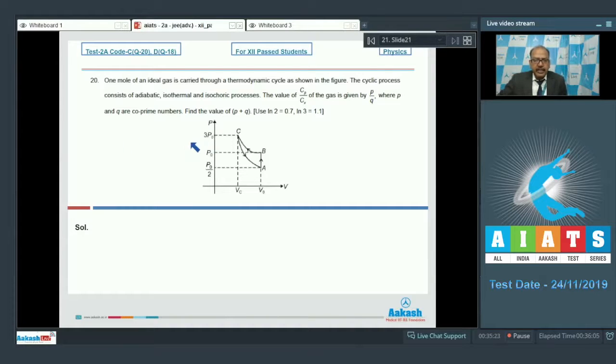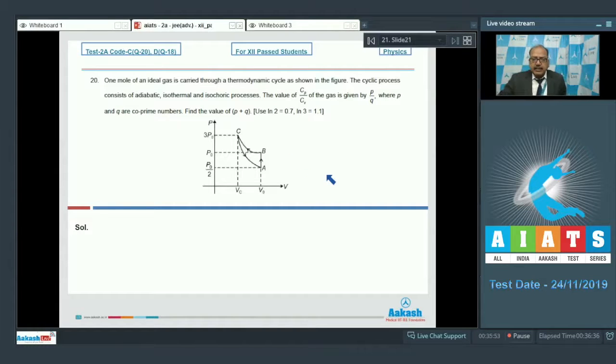So among the 3 processes which are there in this cyclic process, one is adiabatic, one is isochoric. Isochoric is obvious, AB is isochoric, and one is isothermal. Now if we look at between process BC and CA, if one is isothermal and the other is adiabatic, then clearly process CA is adiabatic and process BC will be isothermal.